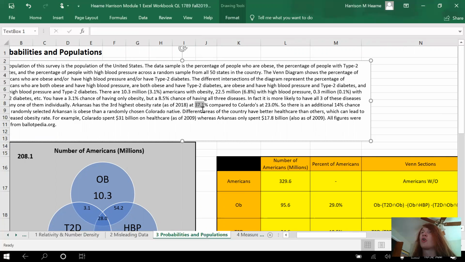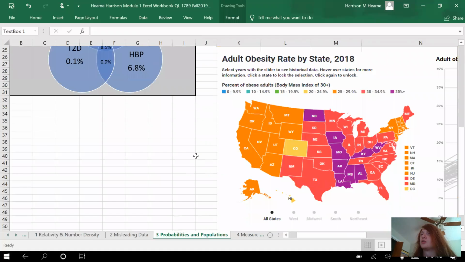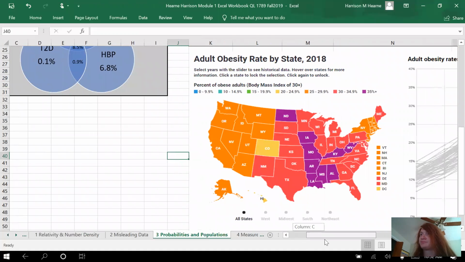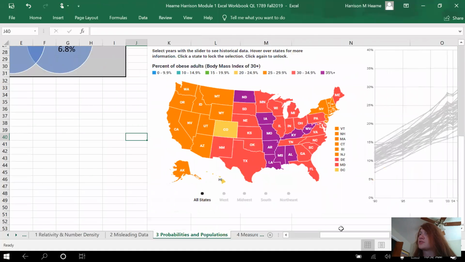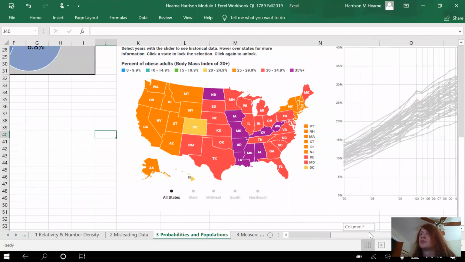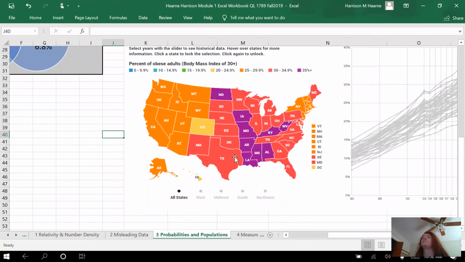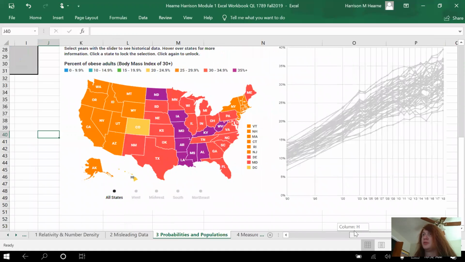So that means that in Arkansas, there's a 37.1% chance that a random person would have obesity. Now, at first, that might seem a little strange that there might be such a big difference between states in the same country, and they're not even all that far apart. You know, we're here in Arkansas. Colorado is not that far away, but we're worlds away in terms of obesity rates.